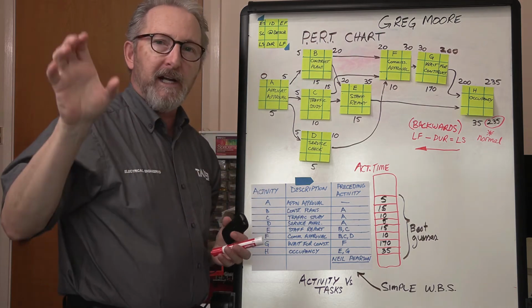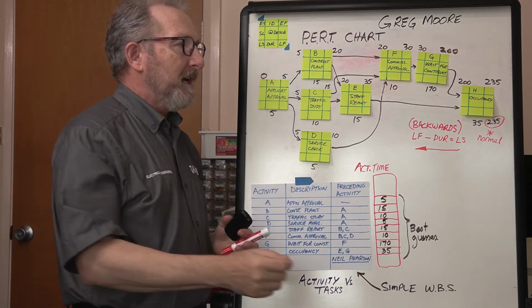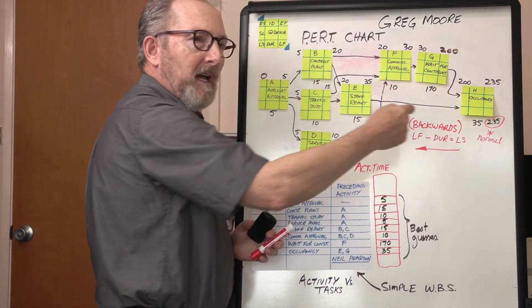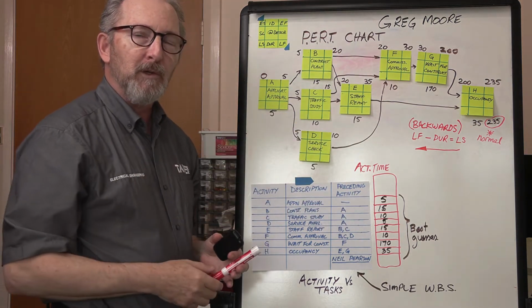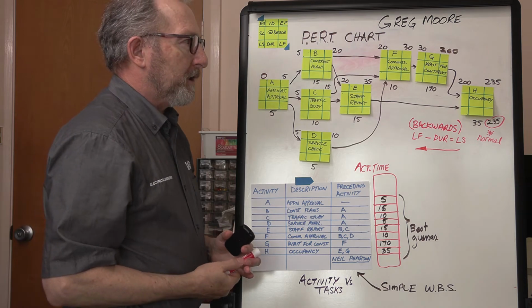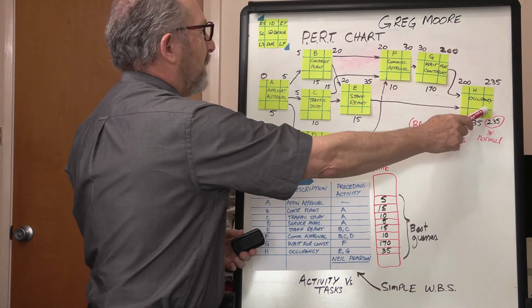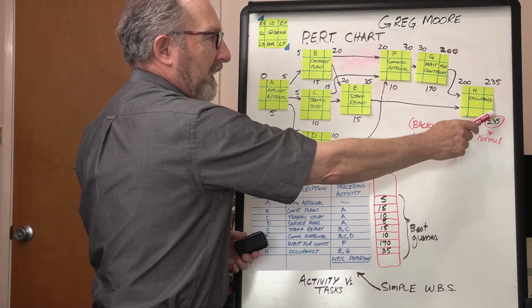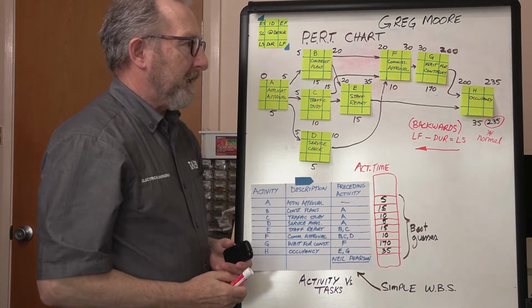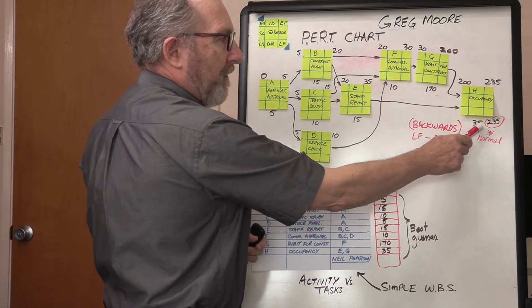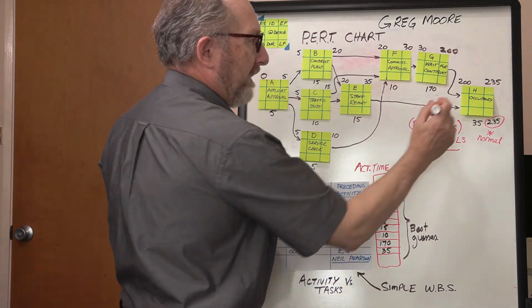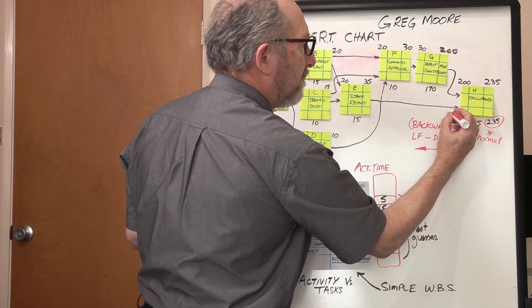It could be like 300 or 400 days and plug that in here, and then you'd have to work with that in the backward pass. But we'll keep things simple and we'll just treat the early finish and the late finish as one and the same in this scenario. So if we minus the 35 from 235, that gives me 200.